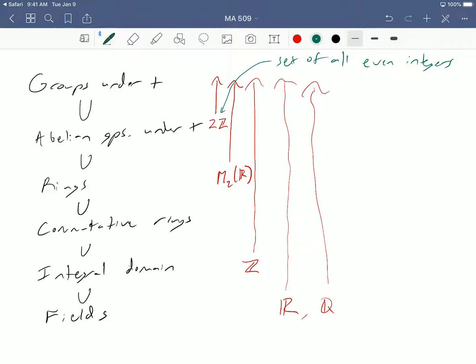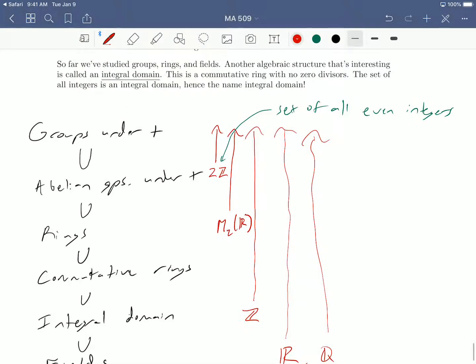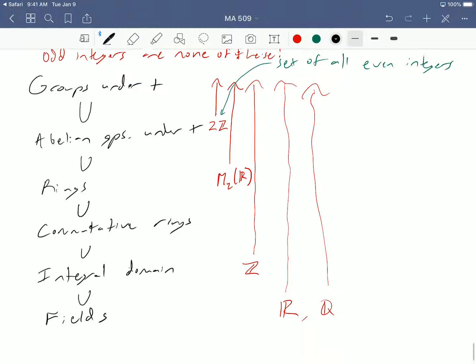All right. So it's good also to have an example, maybe I'll squeeze it in at the very top, which is none of those things. So the odd integers are none of the following things. They're not a group under addition, because if I add 2 odd integers, I don't get an odd integer, so it's not closed under addition. All right, so that's a variety of the sets that we've seen and how they fit into this picture.